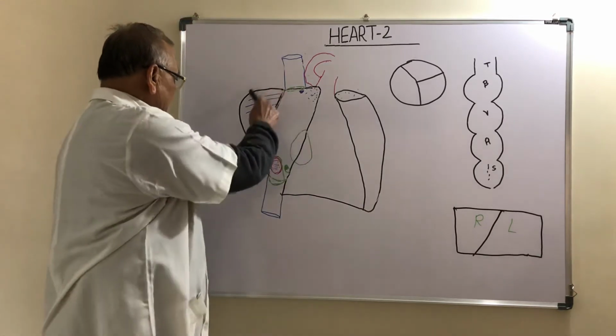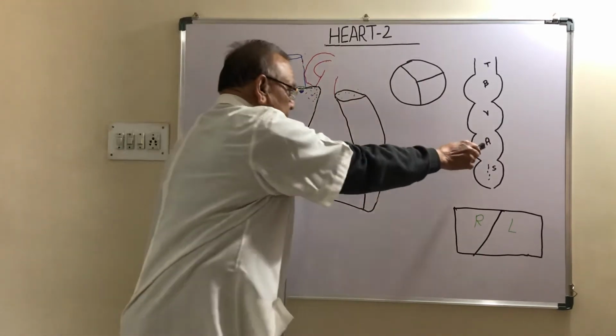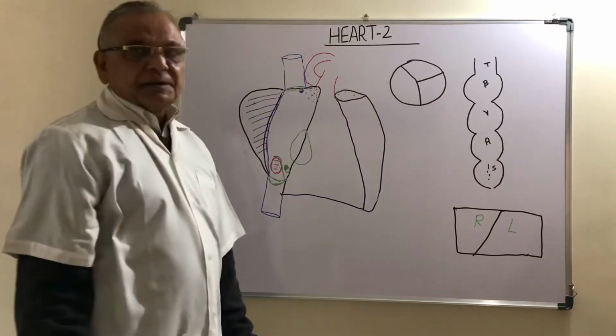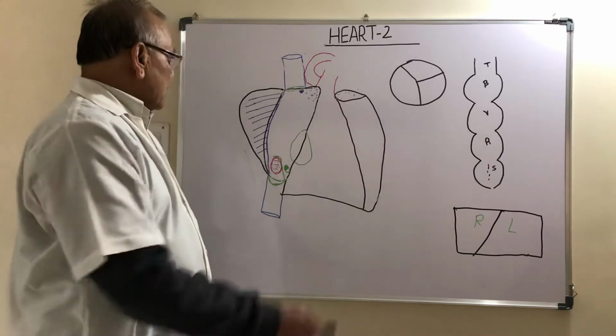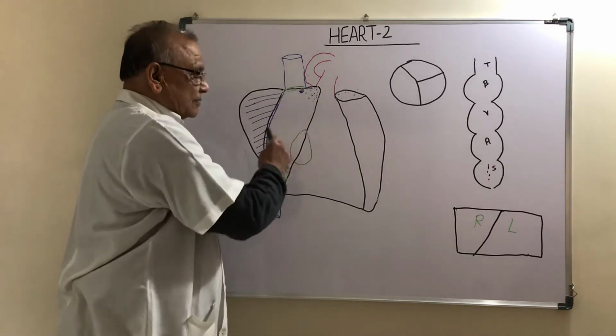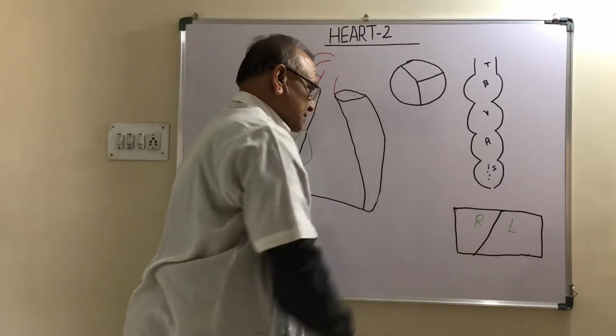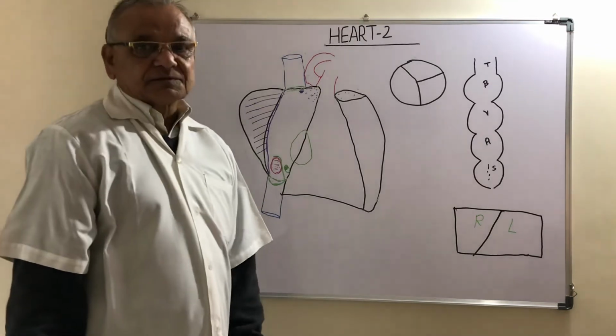Now the anterior part is developed from the primitive atrium, and the posterior part or sinus venarum is developed from the right horn of sinus venosus.